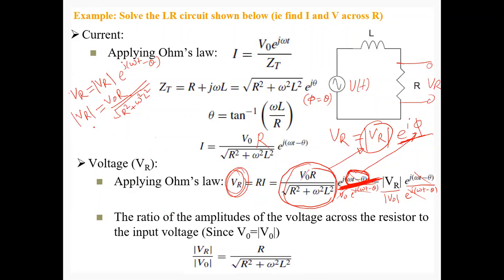I want to find VR over V0, so I can write this guy as this, the absolute value. So divide both sides by V0. This V0 cancels out, then you are left with VR over V0 equals R over this guy here. That's it.